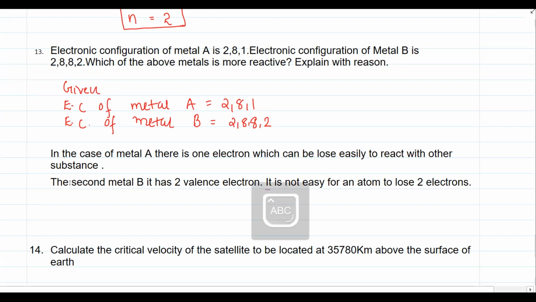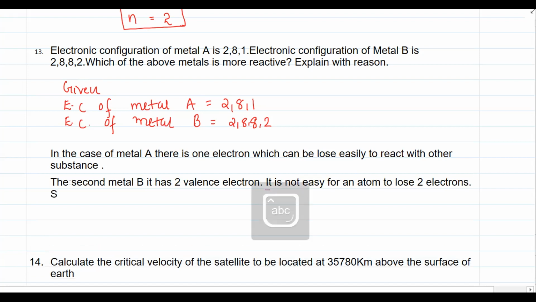So metal B is less reactive than metal A. In the case of metal A, only 1 electron is there, so it is a very reactive metal.